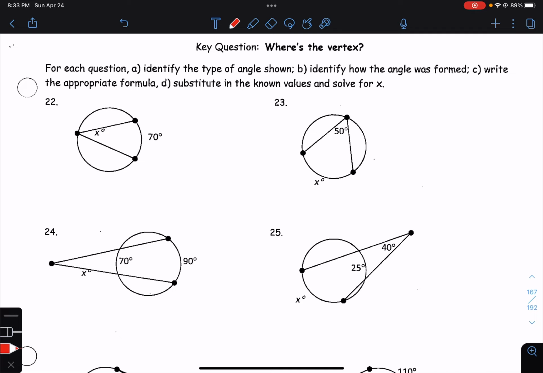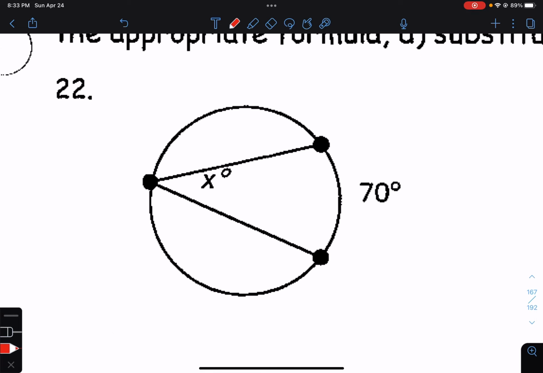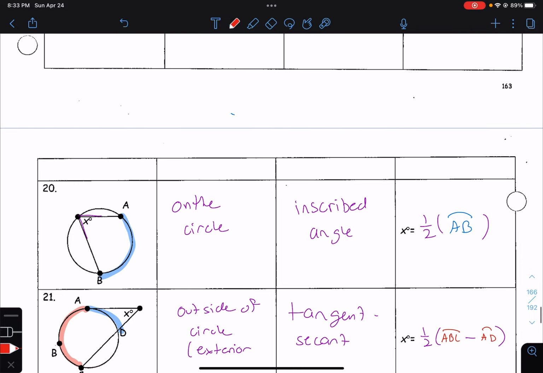So if we look, they want us to find X here. So we have to go back and look at our chart. If we look at where X is, it's on the inside of the circle, but the vertex is on the circle. So if we look back at these examples, you can see that it is an inscribed angle here. We know that with an inscribed angle, it's 1/2 the value of the arc.